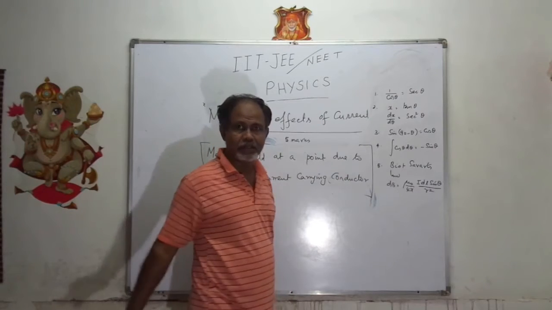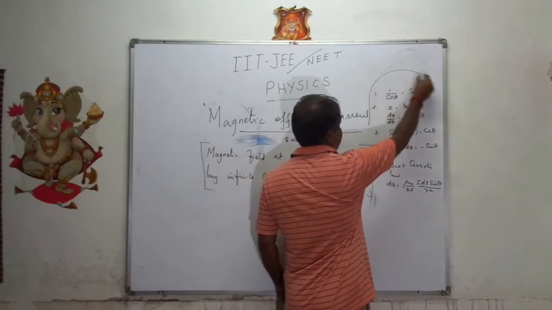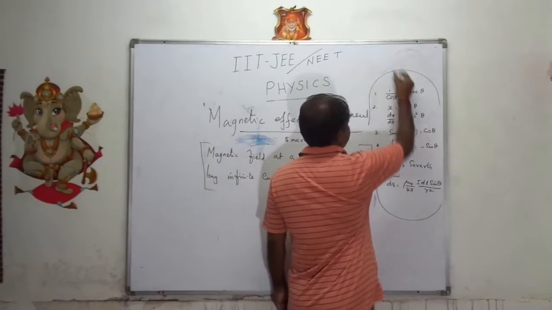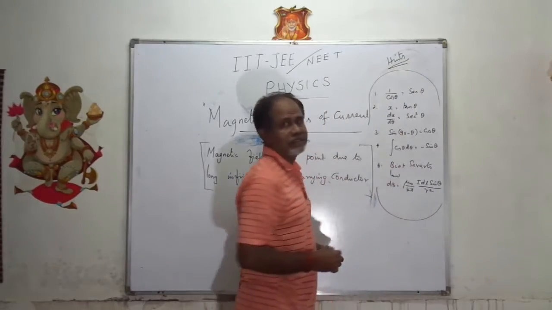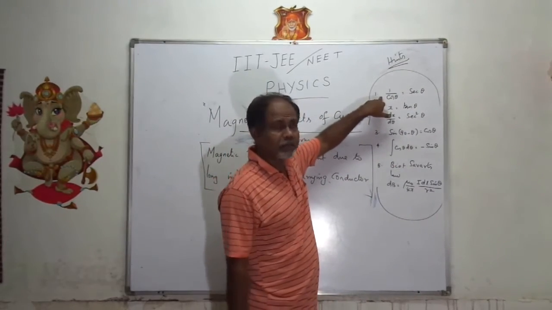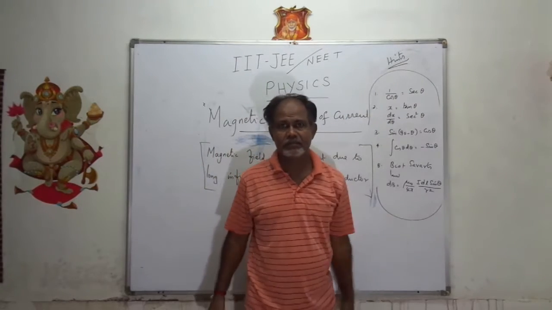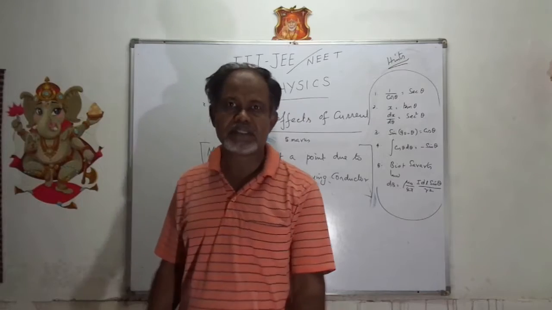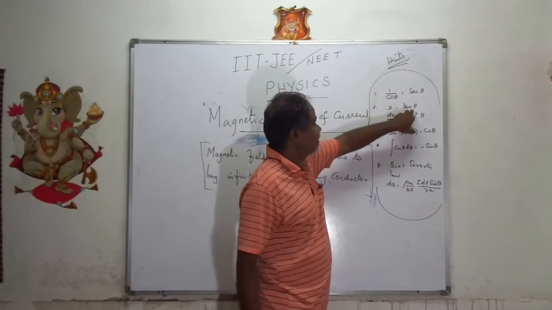Before going to solve this one, let us discuss some basic hints. You must remember these things. Basic mathematics formulas: 1 by cos theta is secant theta. Let us consider x is equal to tan theta.